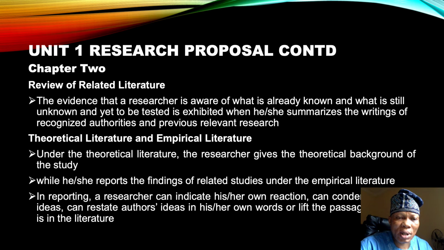In reporting, a researcher can indicate his or her own reaction, can condense the idea, can restate the author's idea in his or her own words. You get to know more of this when we get to how to cite the authors within the body of the work and in the references.